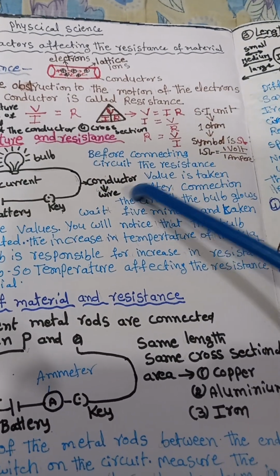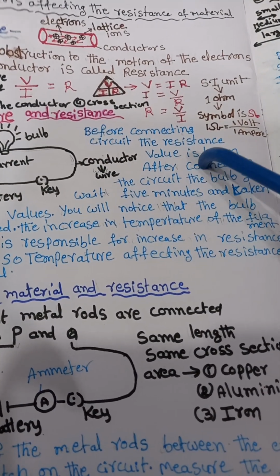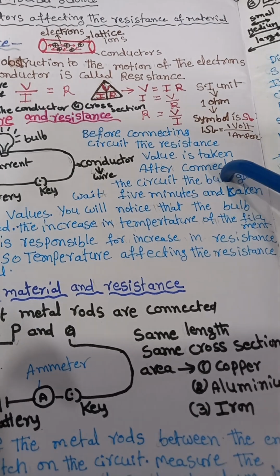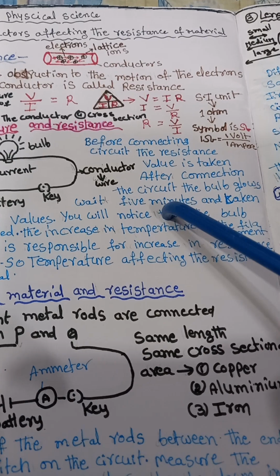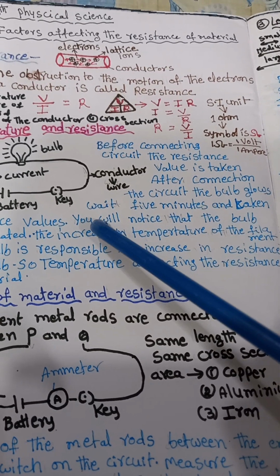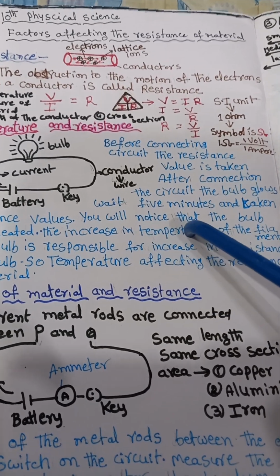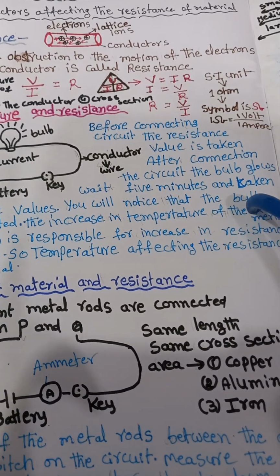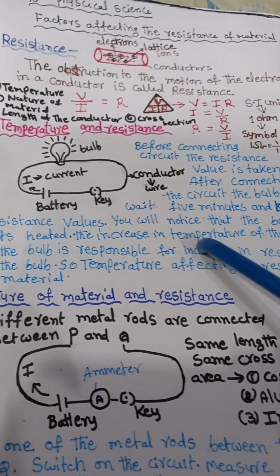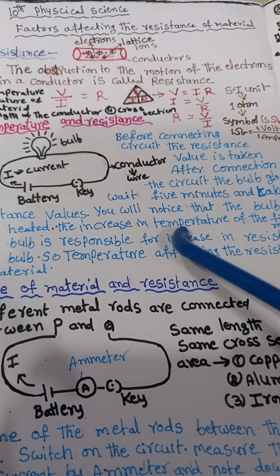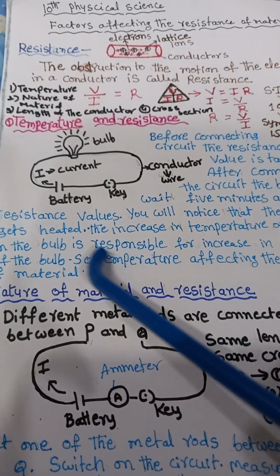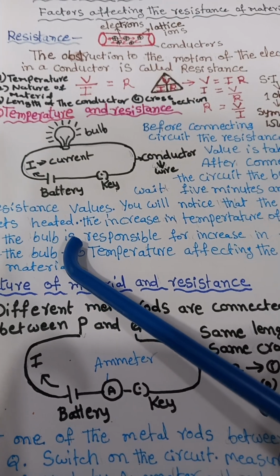Before connecting the circuit, the resistance value is taken. After connecting the circuit, the bulb glows. Wait 5 minutes and take the resistance values again. You will notice that the bulb gets heated.